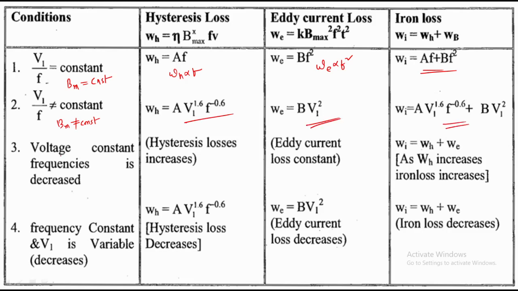The third case: voltage is constant, V equals V rated, and F is less than F rated or F is more than F rated. Go through this case also, right? If F is less than F rated, hysteresis loss increases.